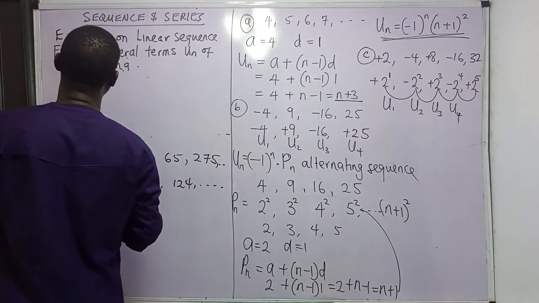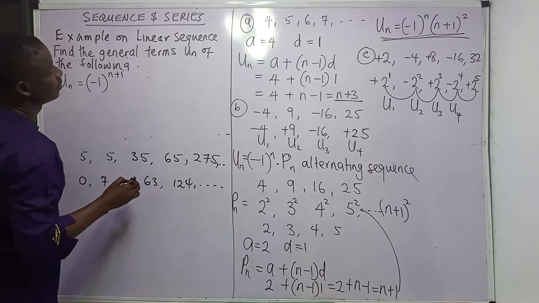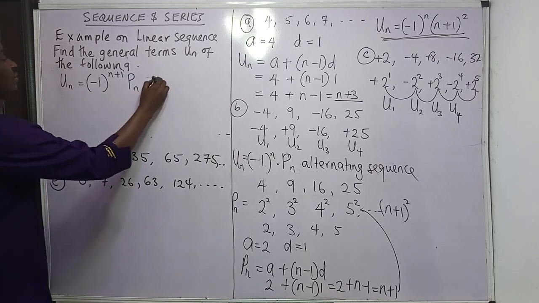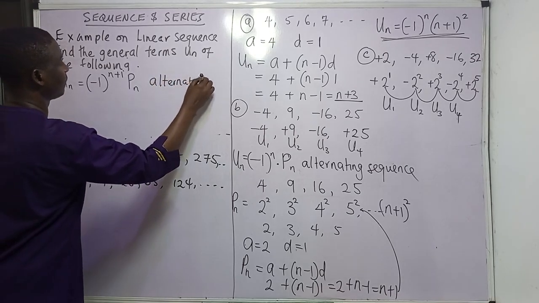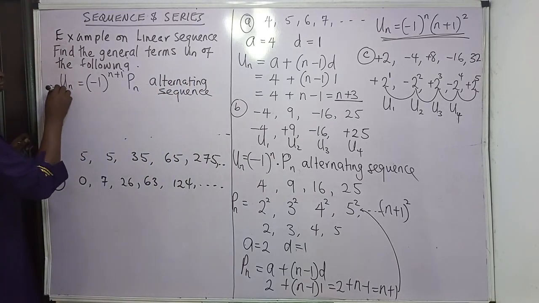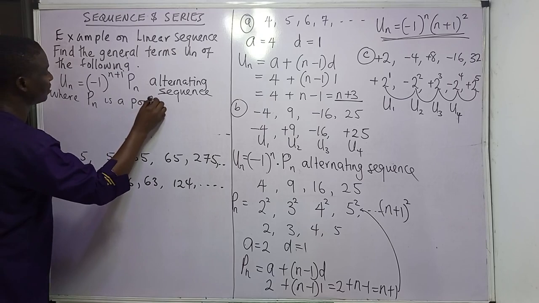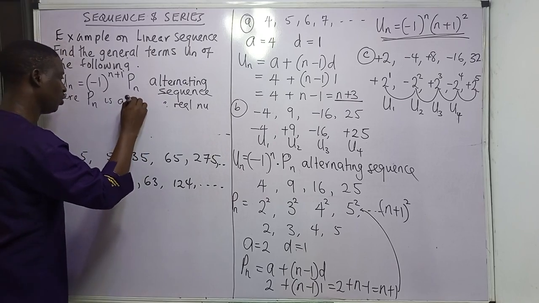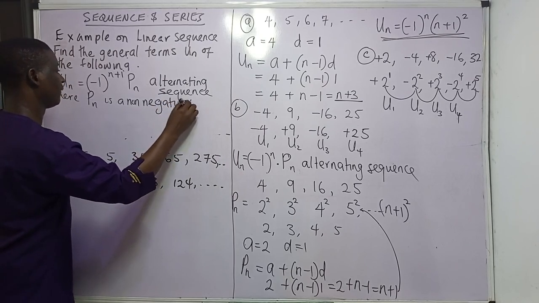Therefore, whenever U1 starts with a plus sign, use minus 1 raised by n plus 1, to avoid the subsequent P. This is the alternating series sequence, where Pn is a non-negative real number.